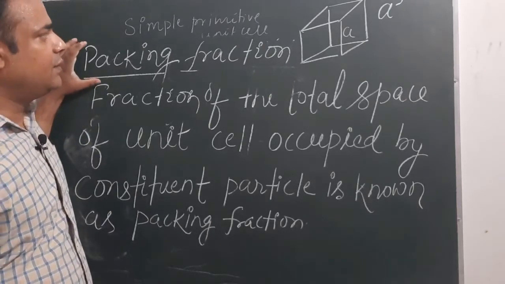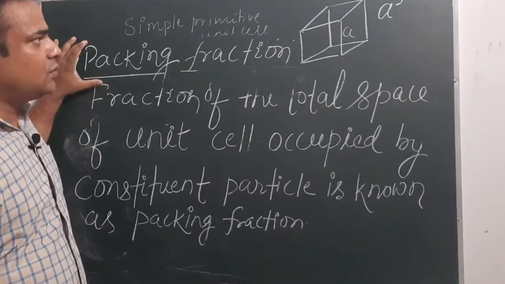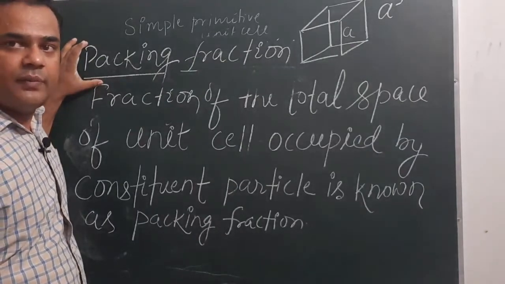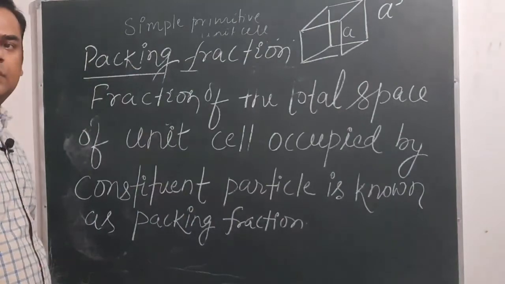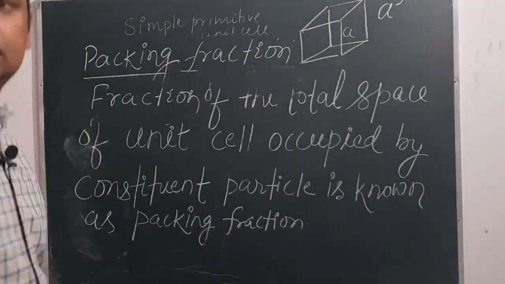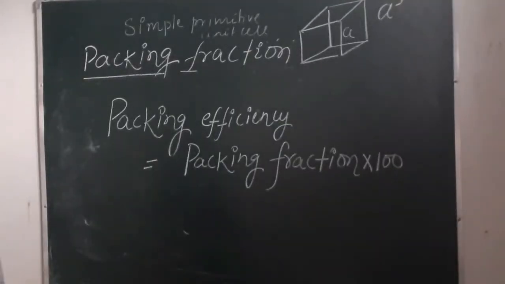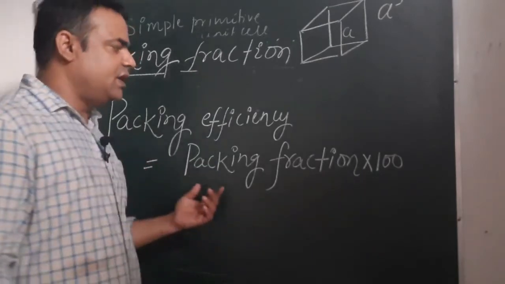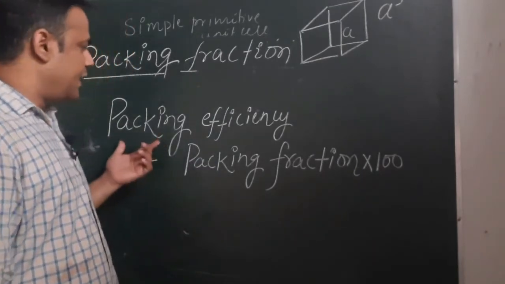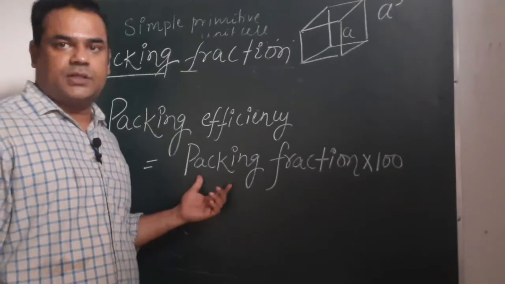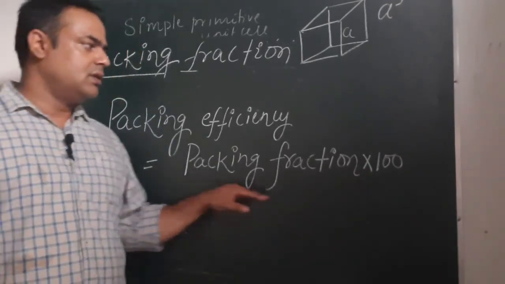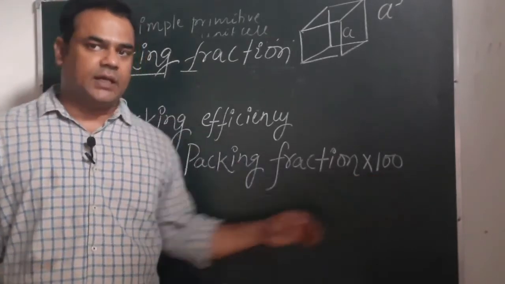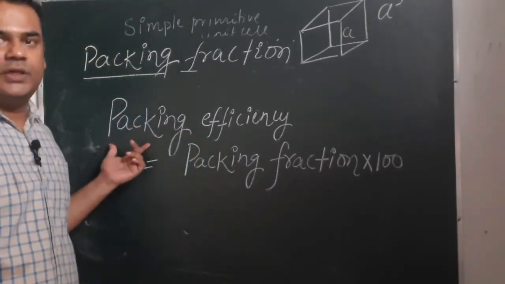But the packing fraction is the volume occupied by the constituent particles divided by the total volume of unit cell. So the relation between packing efficiency and packing fraction is: packing efficiency equals packing fraction multiplied by 100. If we multiply packing fraction by 100, we get the packing efficiency of the unit cell.